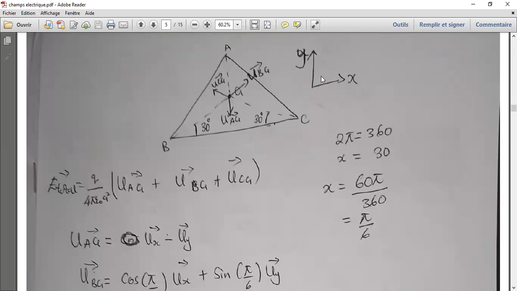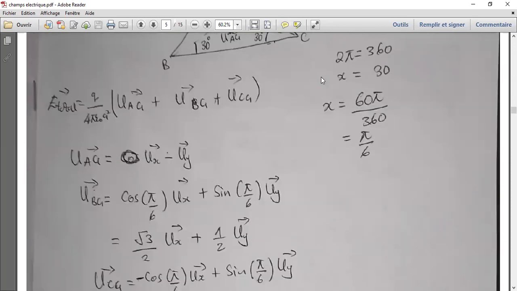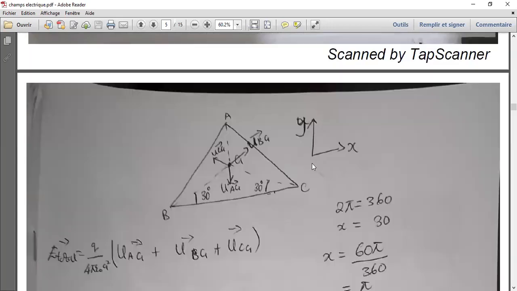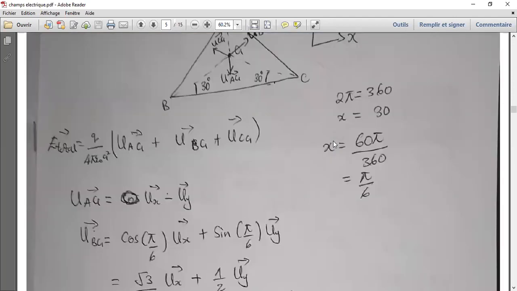So your x is equal to cos of the angle, which is 30 degrees, pi over 6, ux. Plus, since the angle is made with x and not with y, y is the distance going up, the opposite, which is sine. So y is equal to sine pi over 6 uy.